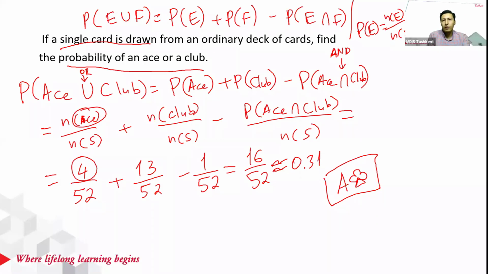We have 4 aces, and we're counting this one. And when you count clubs, you count this again. We're counting this twice. Therefore, we have to subtract one of them. This is ace and club at the same time. Therefore, we put 1 here, and the answer is 16 over 52.